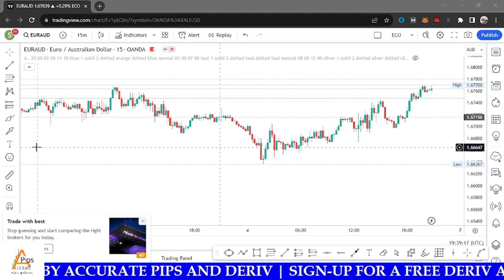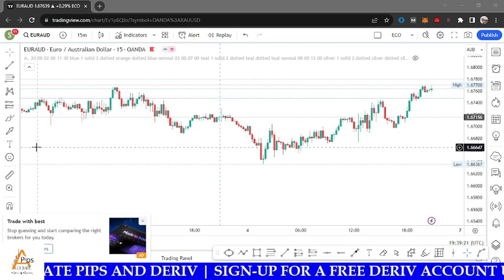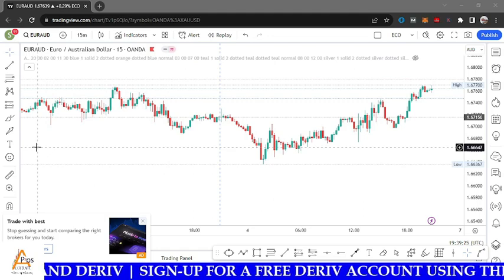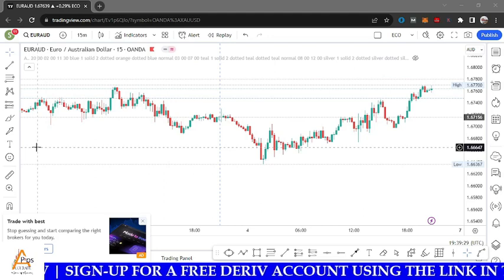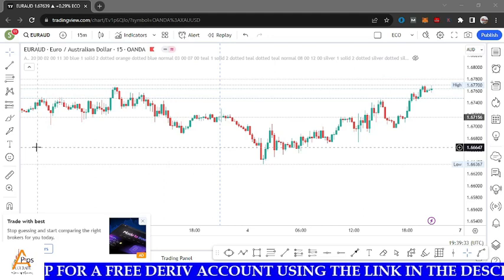So for instance, if we are in a bullish trend and we get market sweeping the low, okay, in the bullish trend, giving us the opportunity to take a buy trade, that is a high probability trade because we are still trading with the trend.